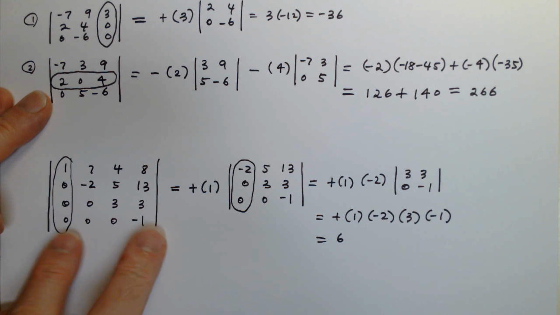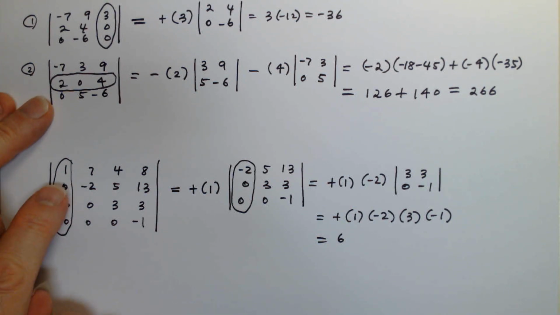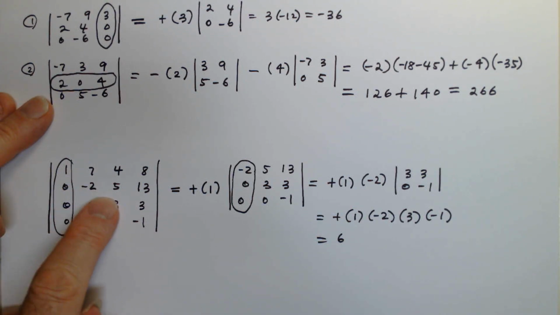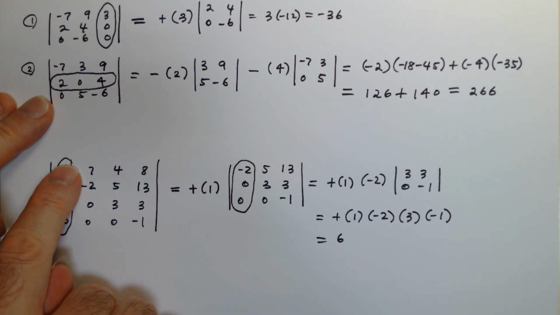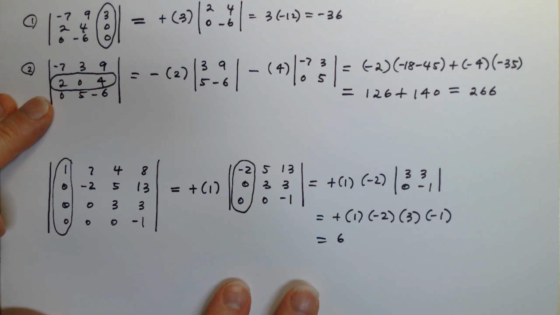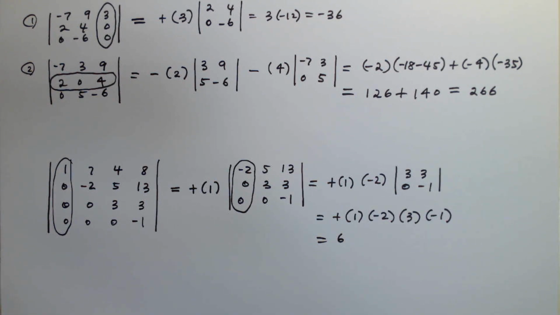And so when we see a triangular matrix like this, we can easily calculate the determinant by simply multiplying the diagonal entries of that triangular matrix. So that's a special feature of a triangular matrix that we're going to want to make note of. So we can get to a point where the determinant calculation is actually rather simple. So this one has determinant 6.